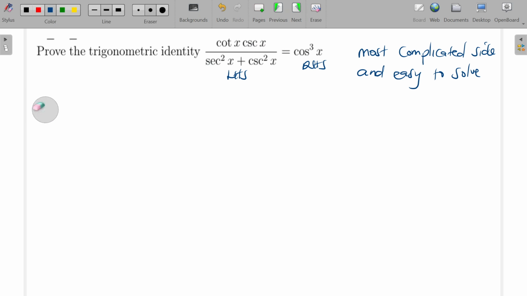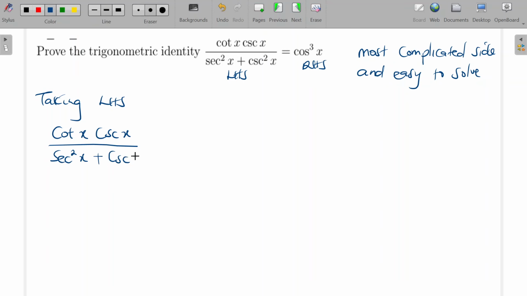Taking the left hand side, which is cot x cosec x over sec squared x plus cosec squared x, it is equal to cos cubed x.